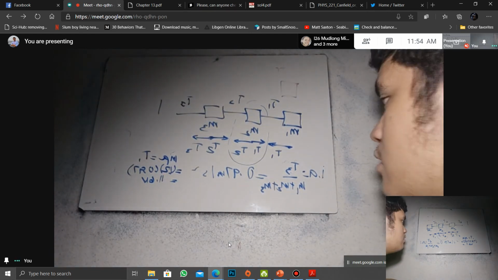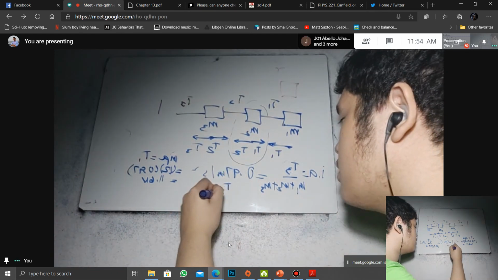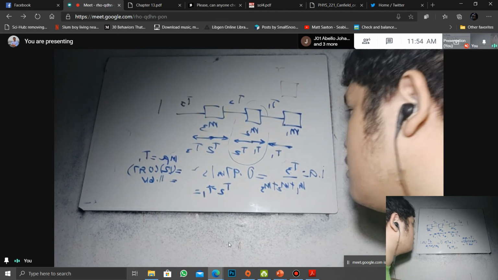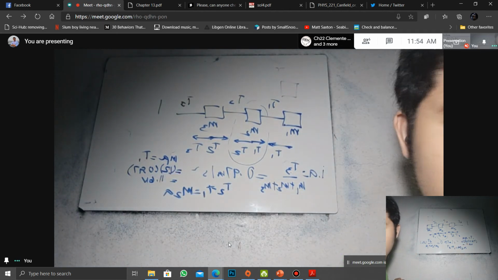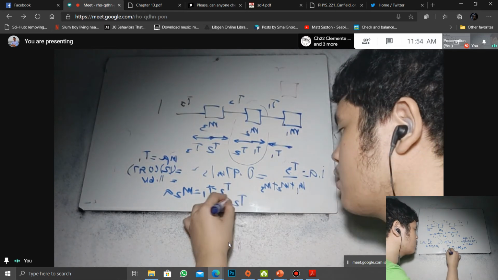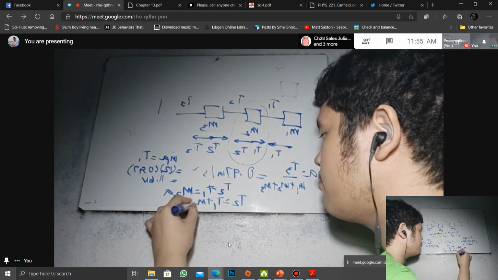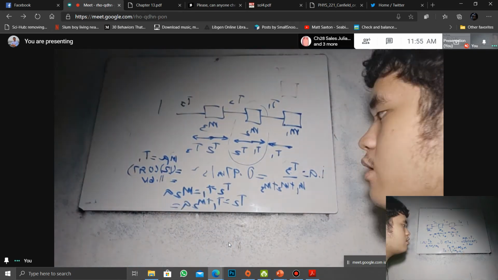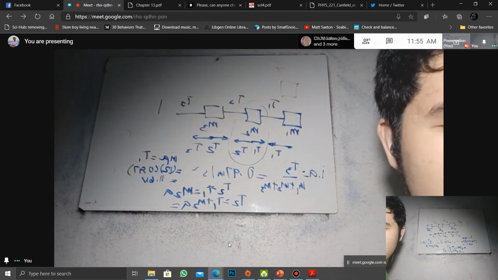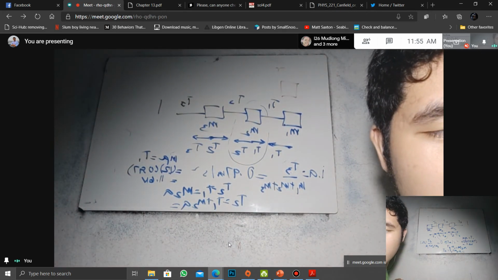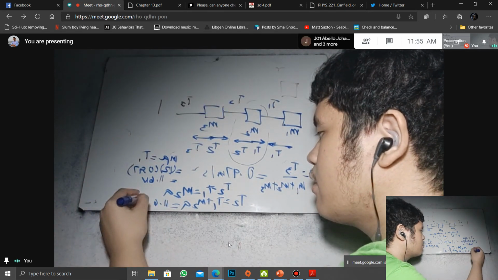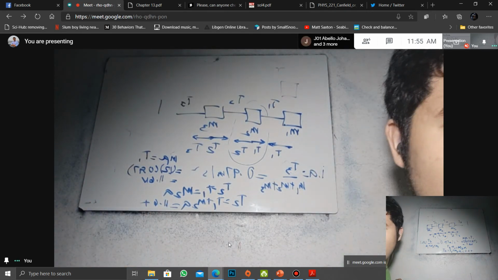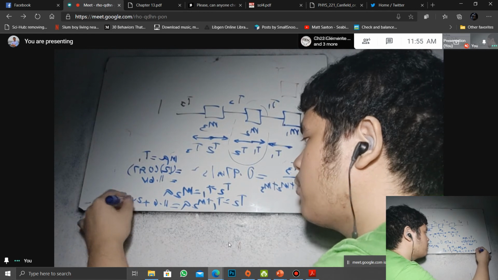T2 minus T1 equals M2A. So, T2 equals T1 plus M2A. T1 is 11.6 plus M2, which is 24 times 0.97.